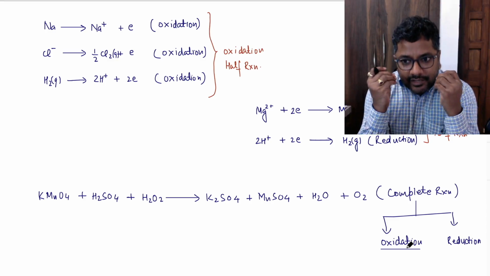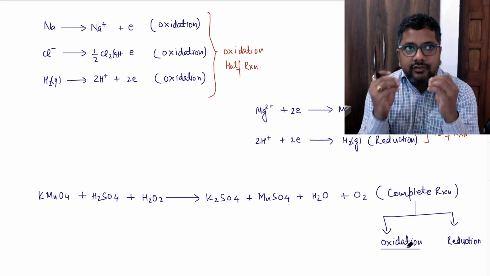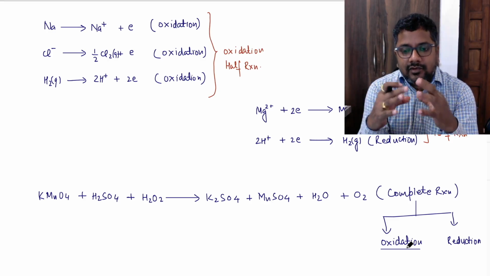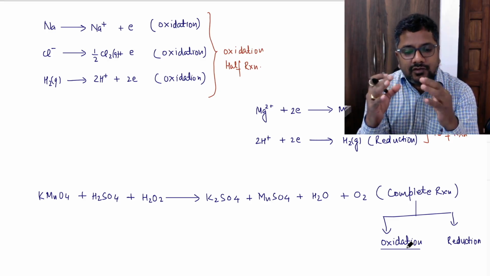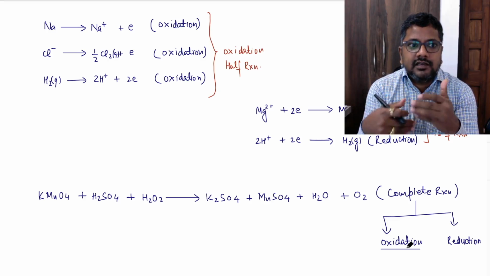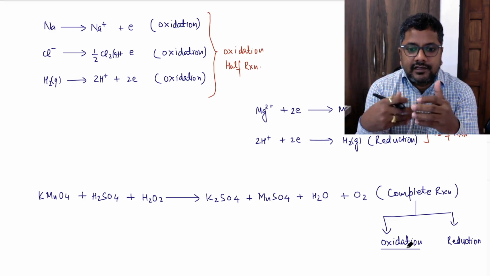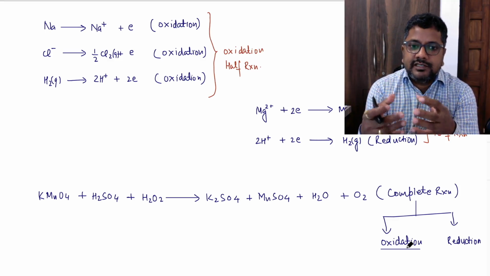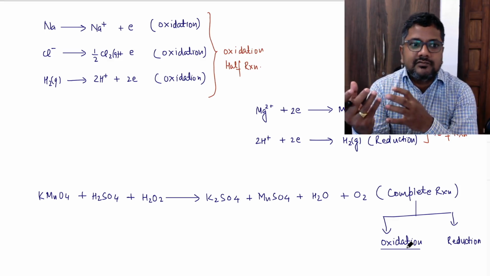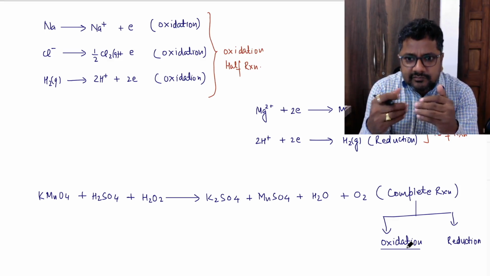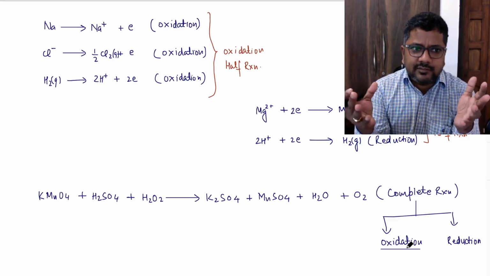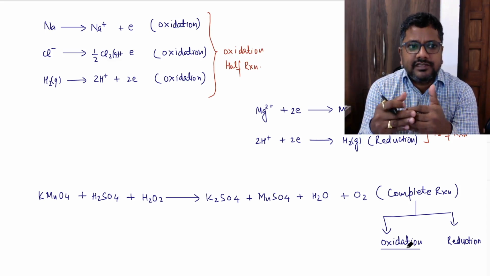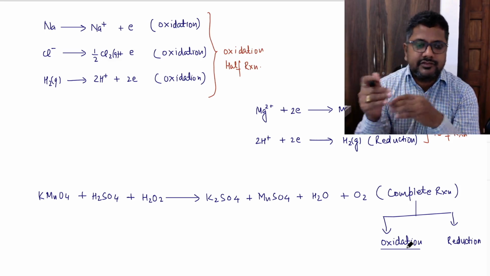So in every chemical reaction, you will visualize like this: okay, this complete reaction is there, so definitely some electrons were changing. Some electrons are lost by some species and those electrons were accepted by some other species, means some of the species get oxidized and reduced in every chemical reaction, right?